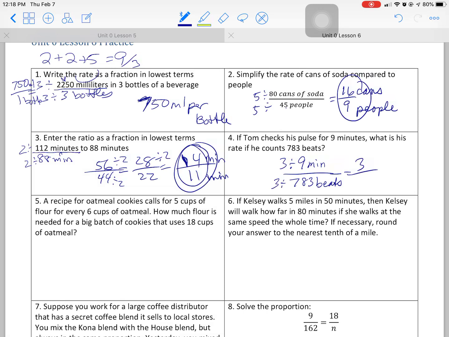So that's 3, and 783 divided by 3 is 261. 2 plus 6 plus 1 is 9. That's divisible by 3. So keep going. 261 divided by 3 is 87.